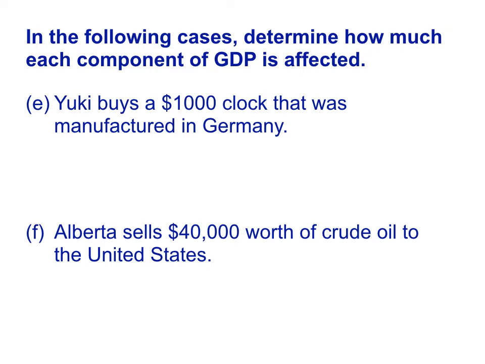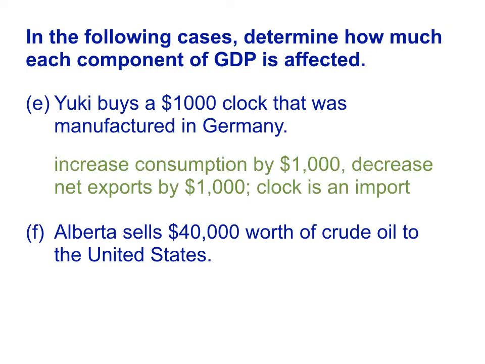So we can just look at this in general. But this question is asking about the components of GDP. So once again, we have to ask ourselves, how do we look at the components of GDP in order to get to this value of $0? Well, Yuki purchases this clock, which means that consumption in Canada goes up by $1,000.